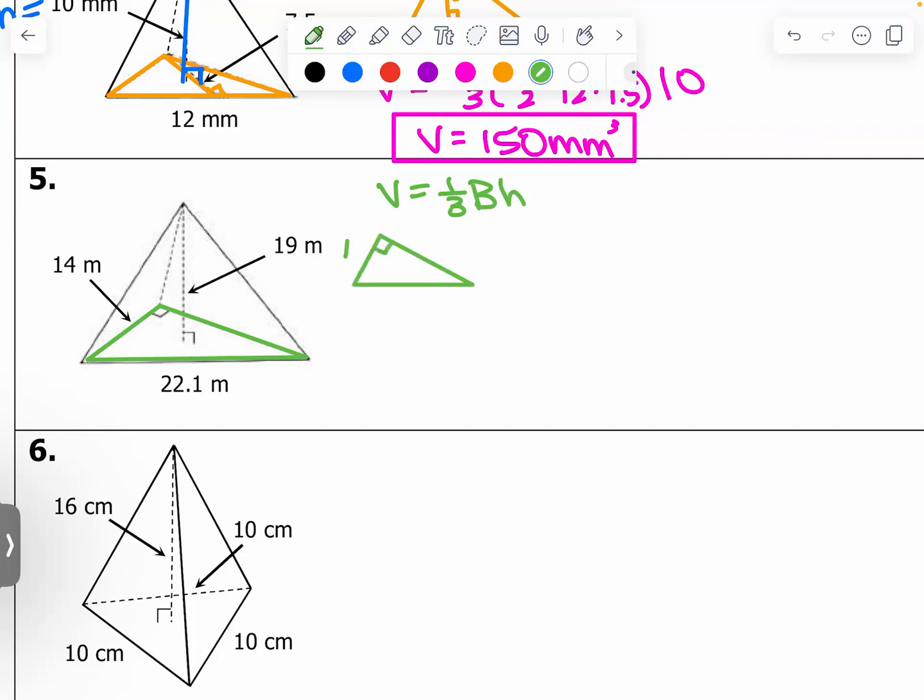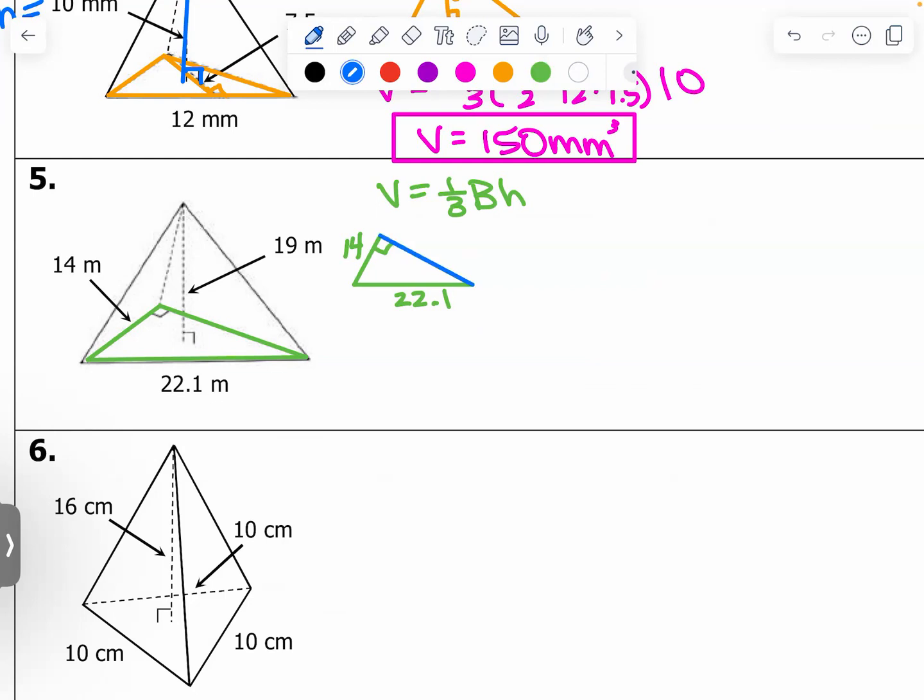And it looks like this is 14 and this is 22.1. Do we have all the things that we need to find the area of our base? No, we don't. What we're gonna have to do, we are gonna have to find this blue length right here by using Pythagorean theorem.